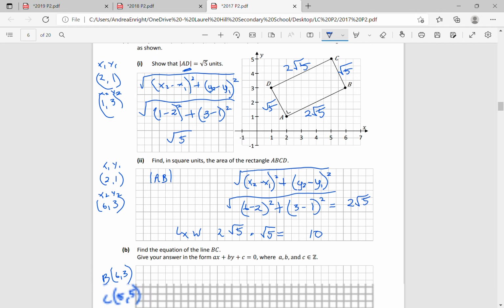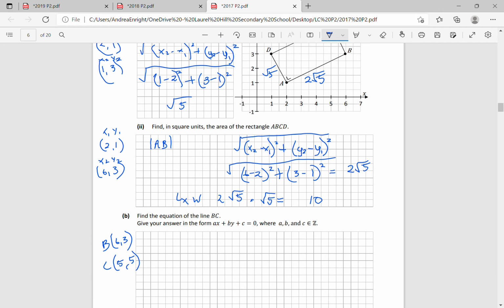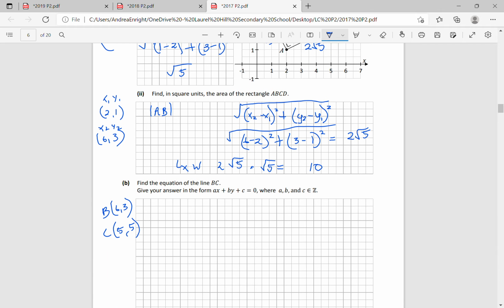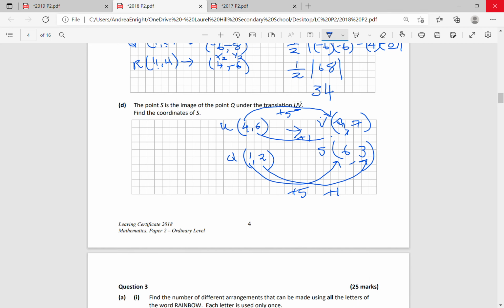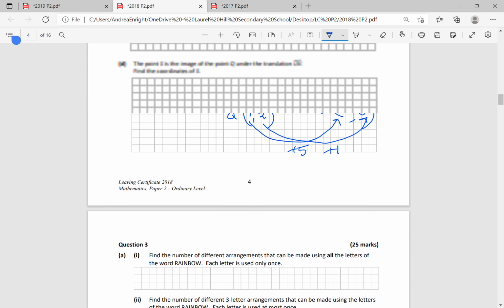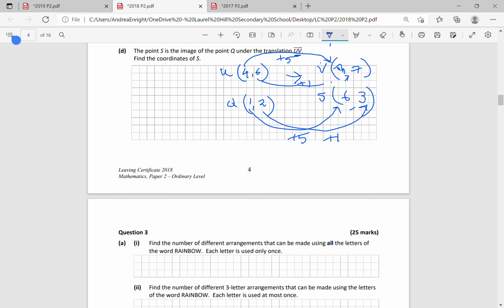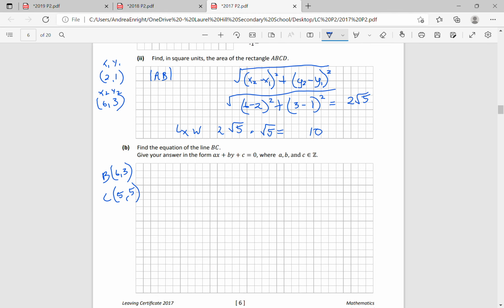Okay, now find the equation of the line BC. In order to find the equation of a line, it's y minus y1 equals m into x minus x1. So you need the slope and 1 point. I have 2 points, but I've no slope, so I use the slope formula to get the slope to start with.